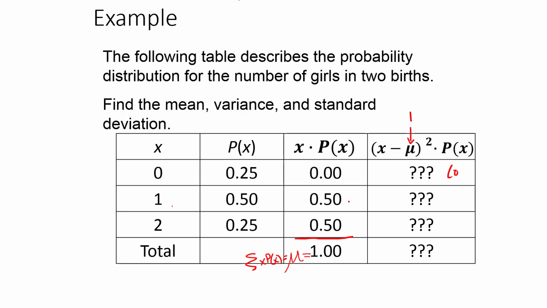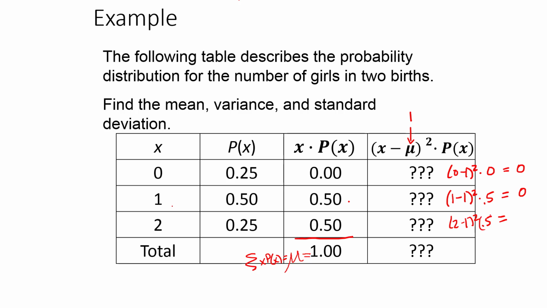Just 0. This one is going to be what? 1 minus 1 squared times 0.5, which is also 0. And the third one, we would have 2 minus 1 squared times 0.5, which is going to be 1 times 0.5, which is 0.5.